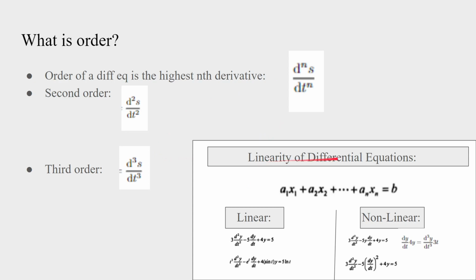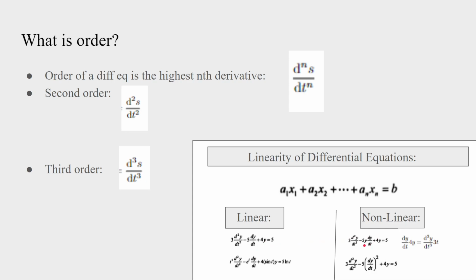And then we also have linearity of differential equations, which is another very important thing. For it to be linear, it has to be written in this form here. And I think it's easier to show you what's not linear and what is linear with just some examples. So here we have nonlinear.